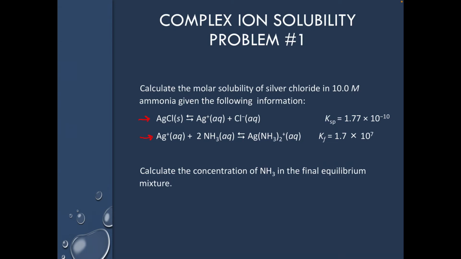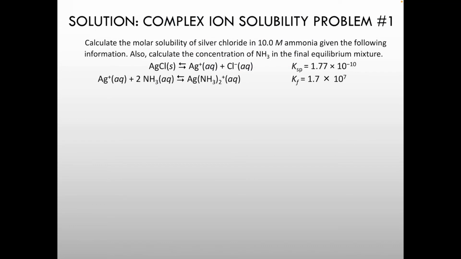And so again, as we add this ligand, we are going to increase the solubility of our solid. I can prove it to you, right? Here we go. I want to calculate the molar solubility of silver chloride in our ammonia, and then I want to calculate the concentration of ammonia in our final equilibrium mixture.